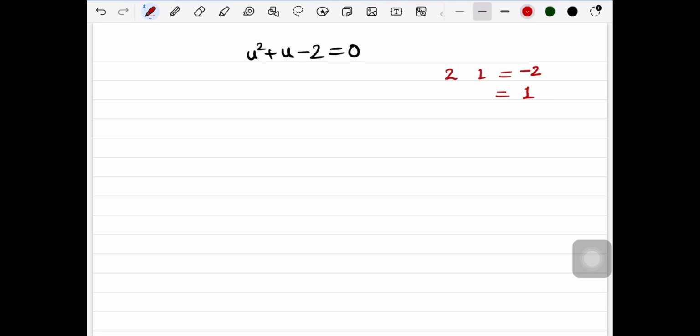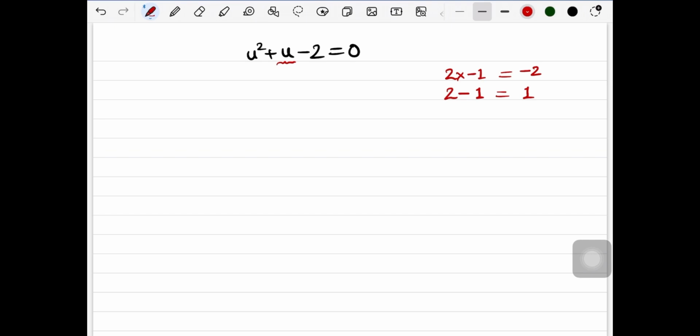If I take 2 and 1, in between I want positive 1, so it will be 1 when 2 minus 1. So alright, 2 into minus 1. Yes, I'm getting the factors. So in place of this positive u, we will put these factors.